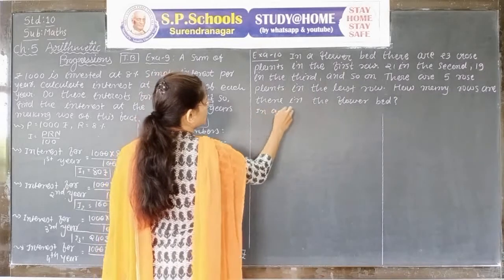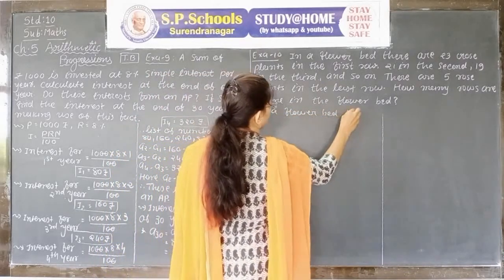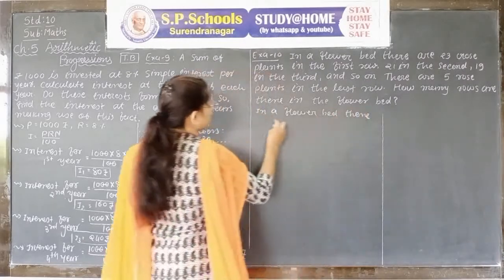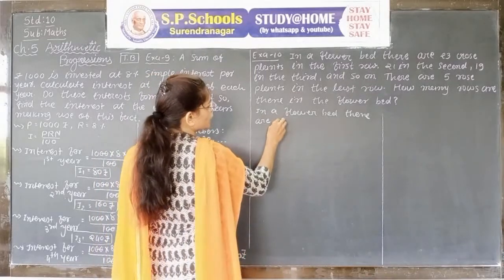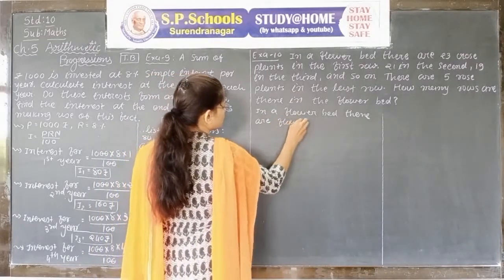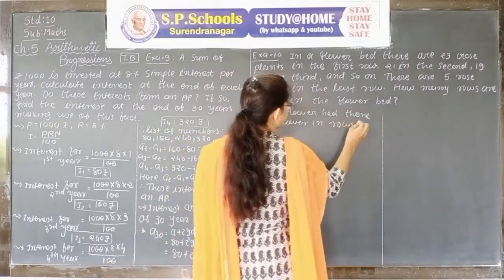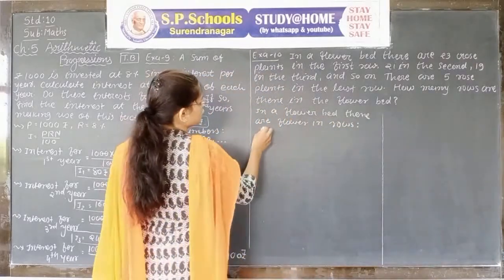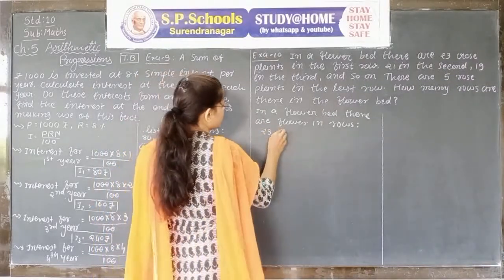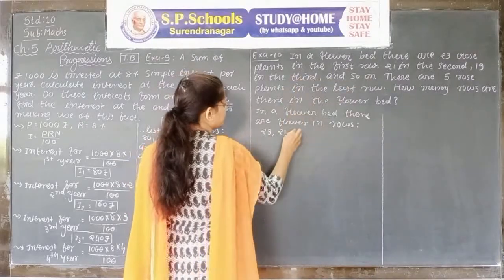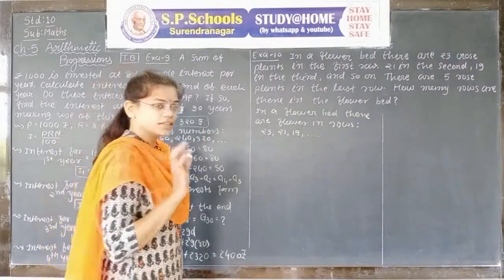In a flower bed, there are rows of flower plants. There are 23 in the first row, 21 in the second, 19 in the third, and so on. But there are 5 plants in the last row.